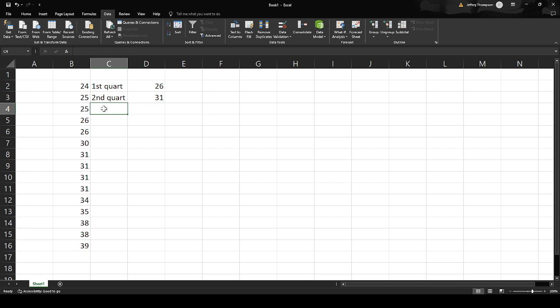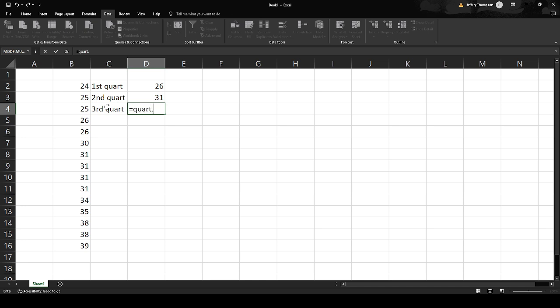And now we'll add the third quartile into place. And so again, B2 to B16 with the colon. Oops, B16, I typed a 15 in there. And we'll want the third quartile. What did I type in wrong? B2 to B16.